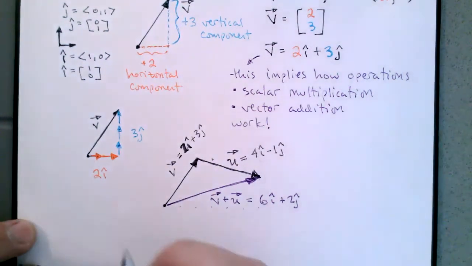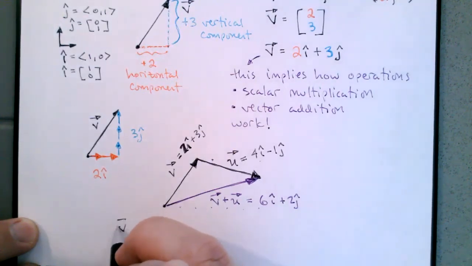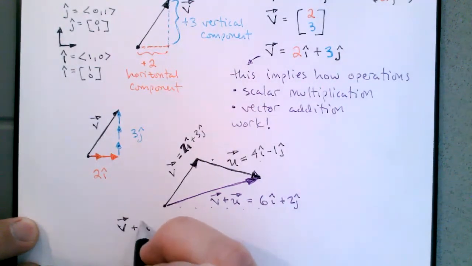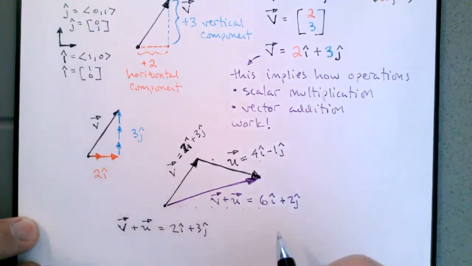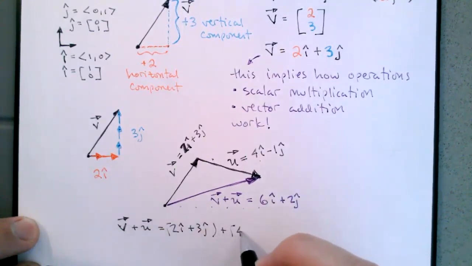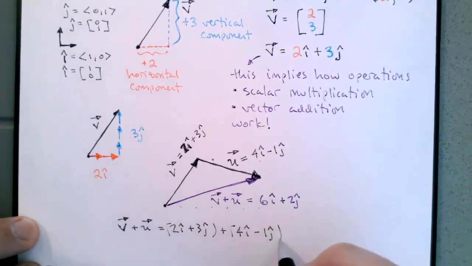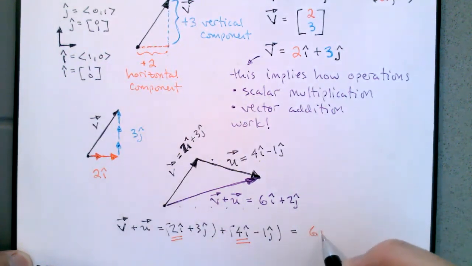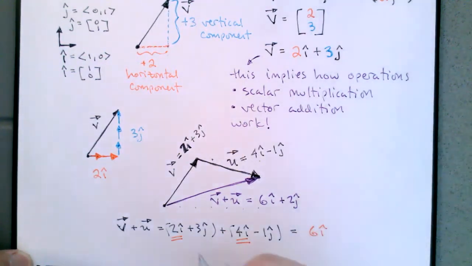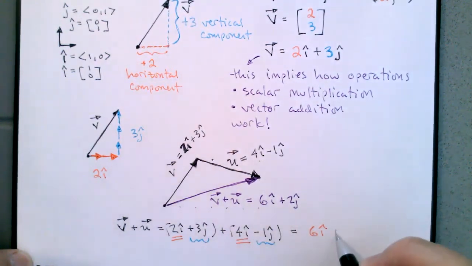So v plus u is 2i plus 3j, there's the vector v, plus 4i minus 1j, there's the vector u, and we just combine like terms. 2i plus 4i is 6i, plus 3j minus 1j is plus 2j.